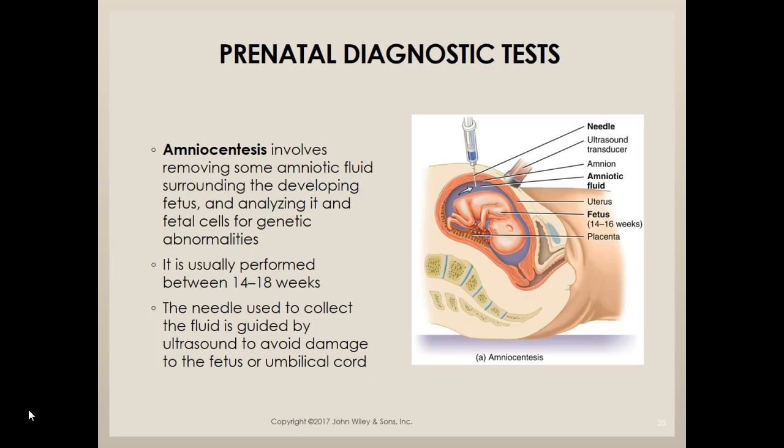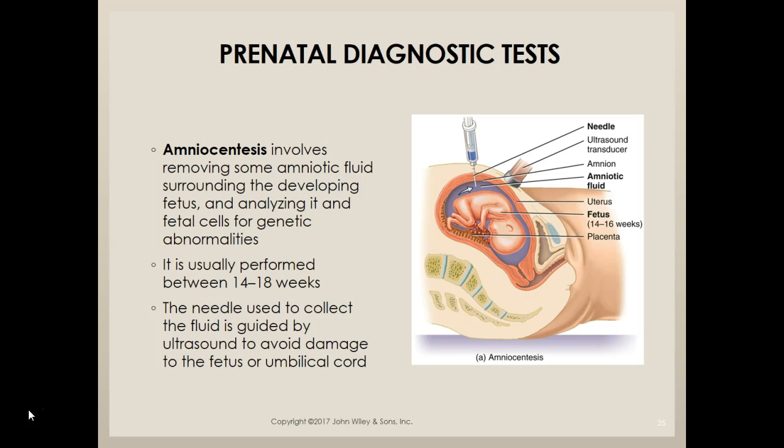All right, so let's talk just a little bit about amniocentesis. This is a process that involves withdrawing some of the amniotic fluid that surrounds the fetus during development, and then examining that fluid, which is going to contain some of the fetal cells and also other dissolved substances from the fetus.